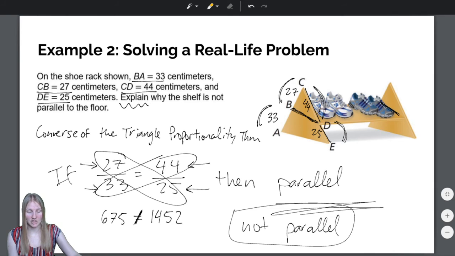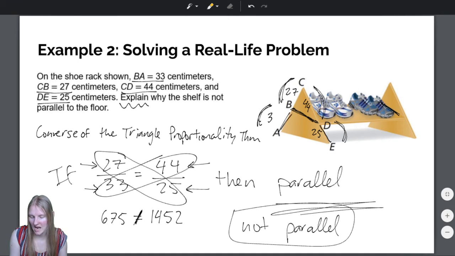So, explain why the shelf is not parallel to the floor. The sides of this shoe rack would need to be proportional. The sides of the shoe rack, the lengths created by the shelf of the shoe rack. So CB and BA, these lengths have been created by this shelf intersecting the lengths of this triangle.